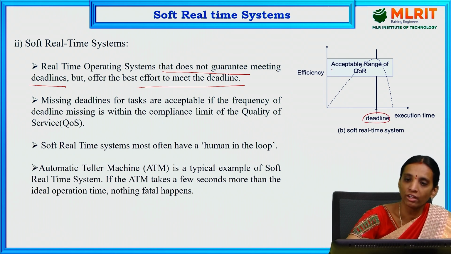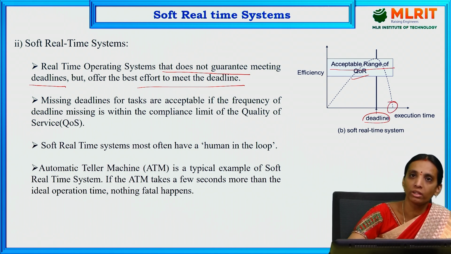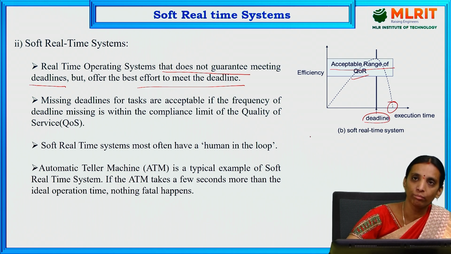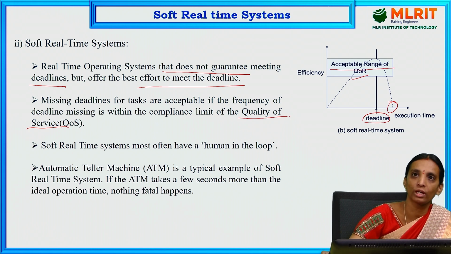The acceptable range is the quality of service for the execution time. They complete the task within the range of quality of service, so even if the deadline is missed, the performance will not be degraded.